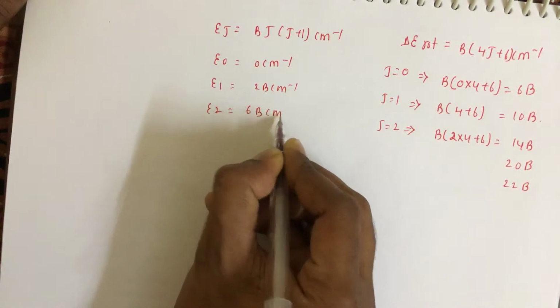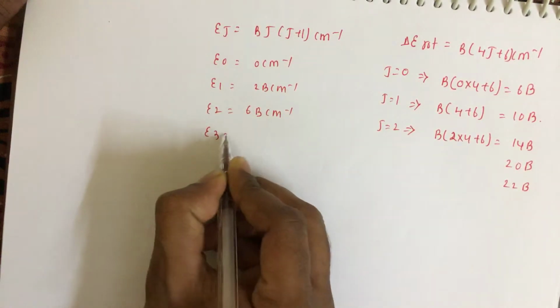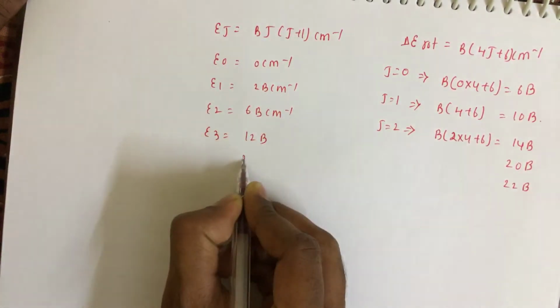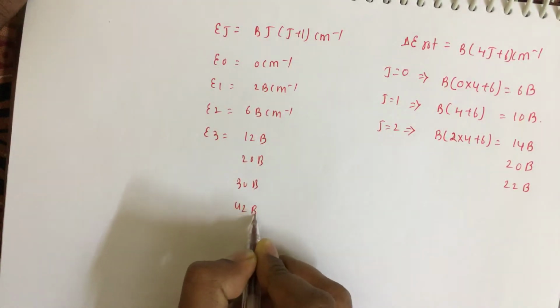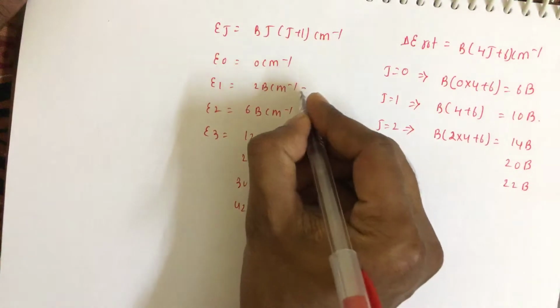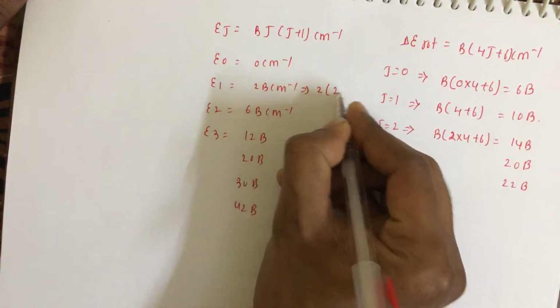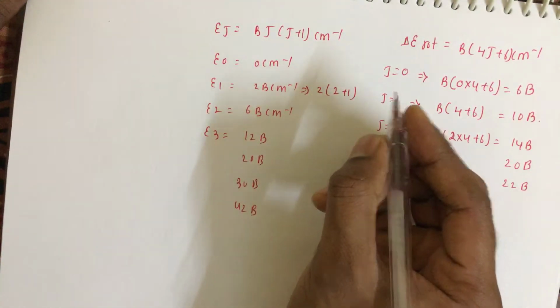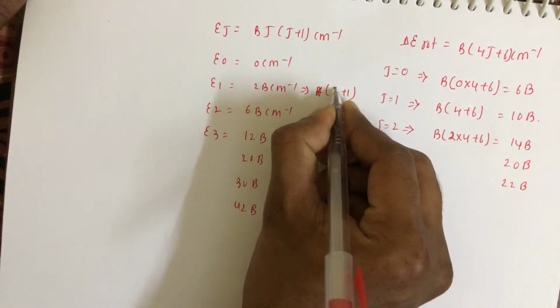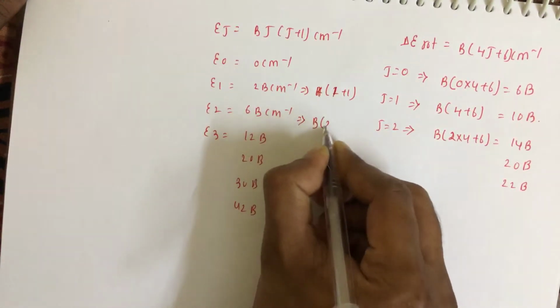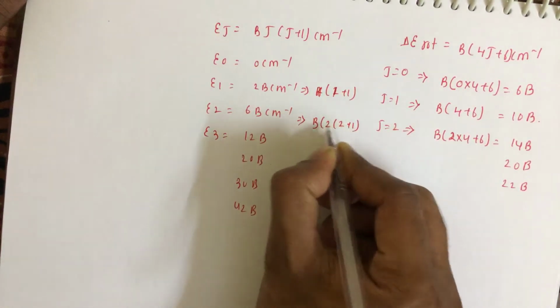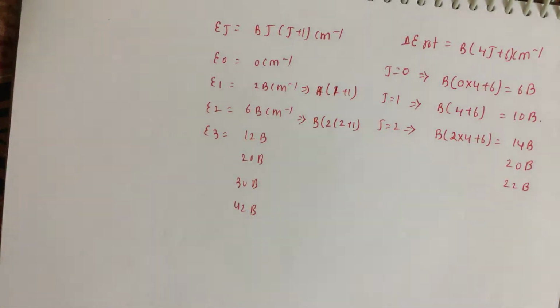For E3 this will be 12B, like that 20B, 30B, and 42B. Just substitute here: 1 into (1 plus 1) will be 2B, and here 2 into (2 plus 1), 3 twos are 6B. Like that we have the energy states.